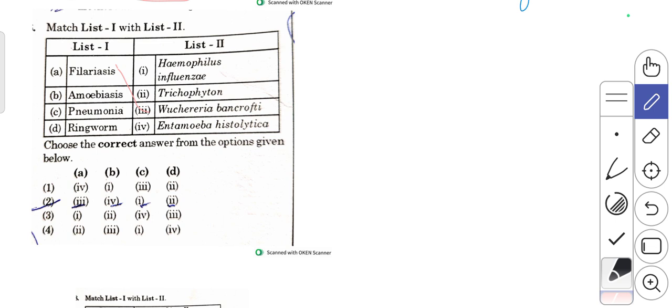This occurs in humans through the bite of mosquitoes, and it directly affects the lymphatic system in humans. So this disease is called filariasis. Then amoebiasis is one of the protozoan diseases.